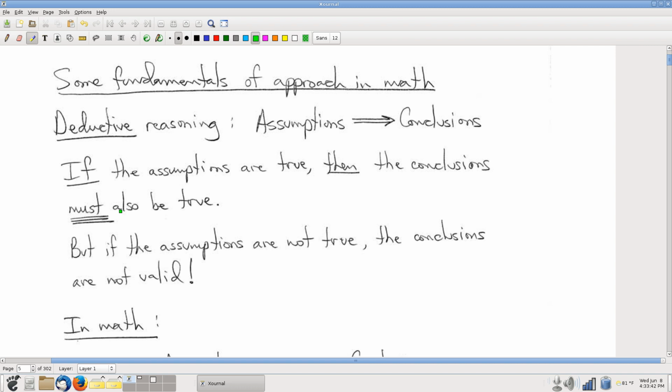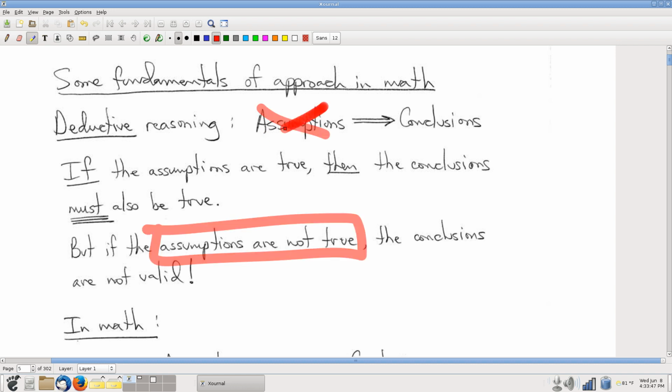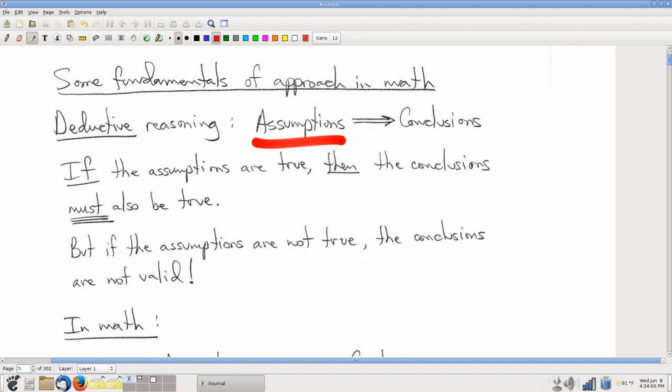If the assumptions are not true, right? If any of the assumptions fail to be true, then you can't conclude anything. So deductive reasoning critically relies on all of the assumptions being true.